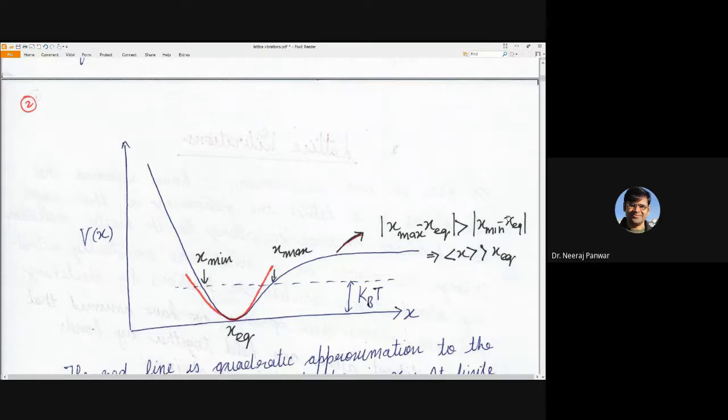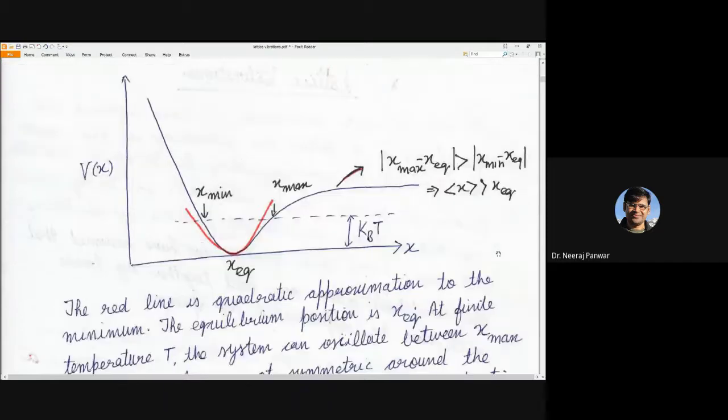Therefore x maximum minus x equilibrium must be greater than x equilibrium minus x minimum. Or we can say that the average displacement of any atom is greater than x equilibrium. All right.